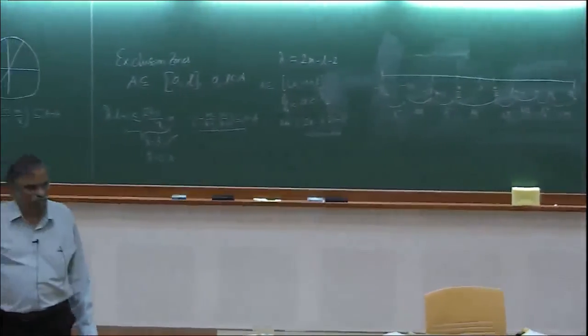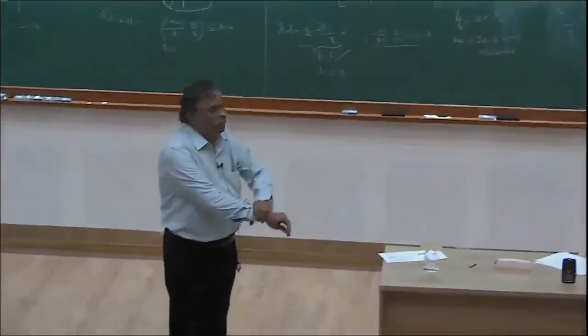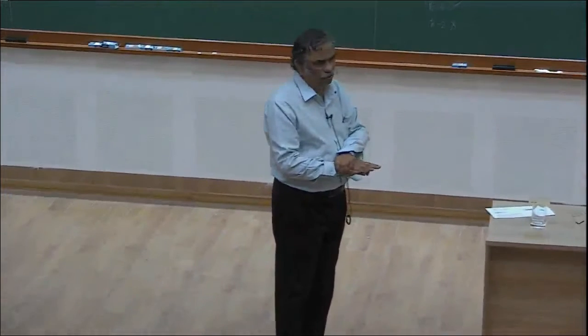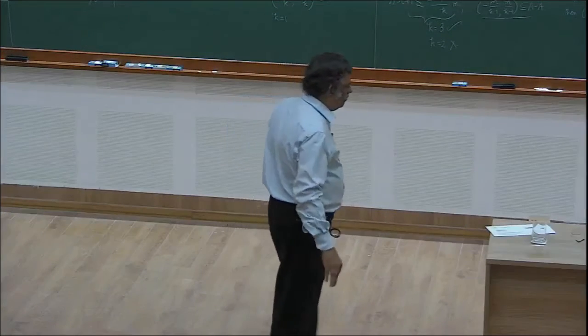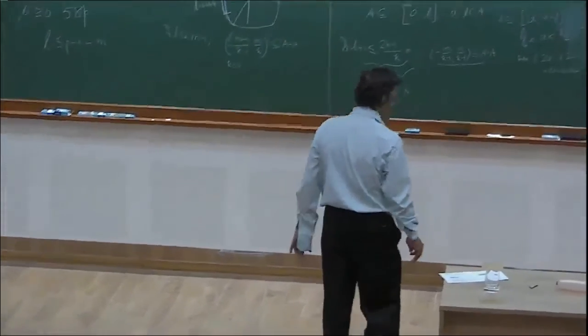Now we are almost there. Now I just need one more exclusion zone. With one more exclusion zone, I would be perfectly okay. Therefore, let me write one more exclusion zone.